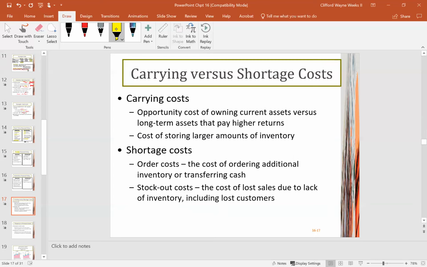Probably most of you, if you're an accounting major, have had Math 129. This is Finance 329 or 322. But Math 129 basically takes statistical methodology and applies it to business transactions.